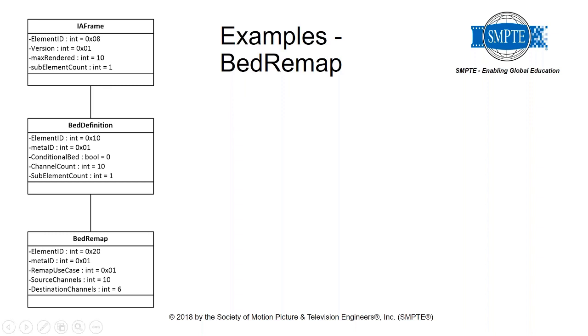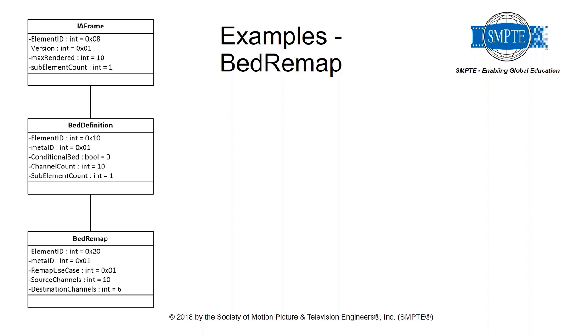So with that explanation, let's start at the top with the immersive audio frame. The element ID has been set to 8 because the specification defines that that is the element ID associated with an immersive audio frame. The version has been set to 1. That is the value defined in the spec to be associated with this particular bitstream spec.